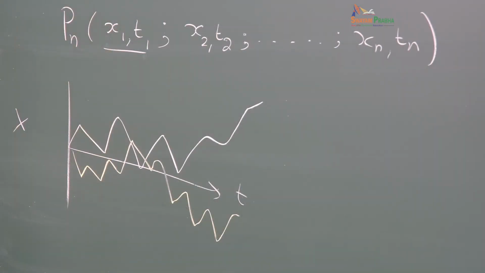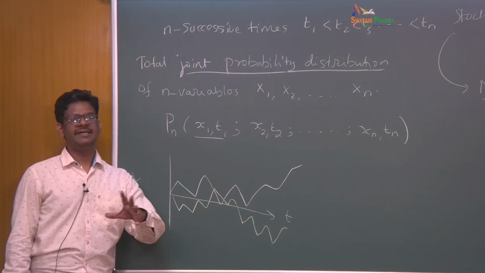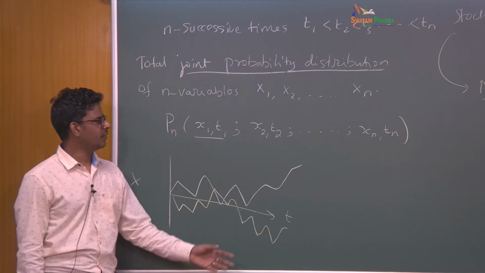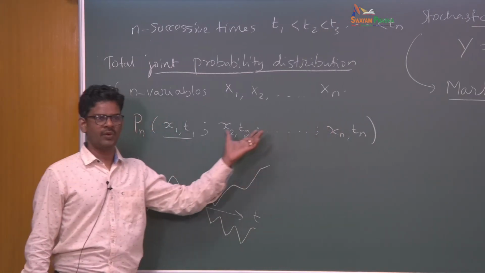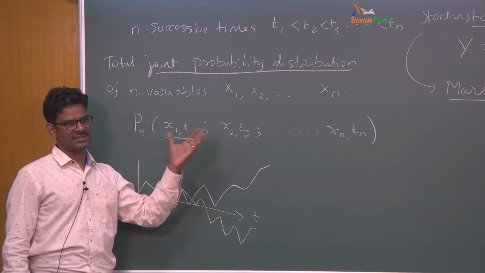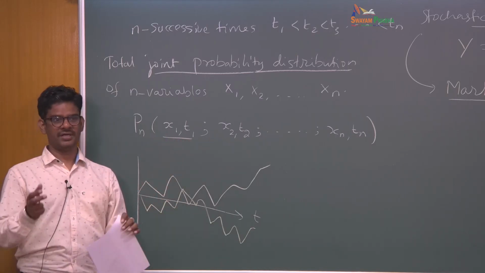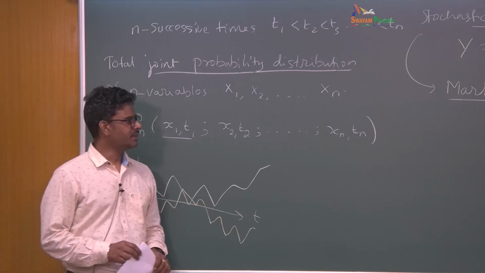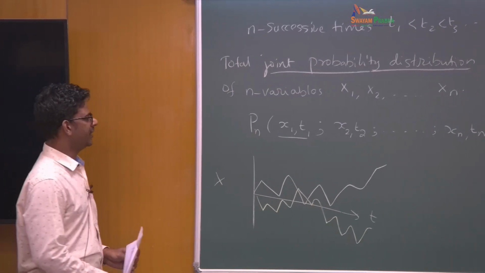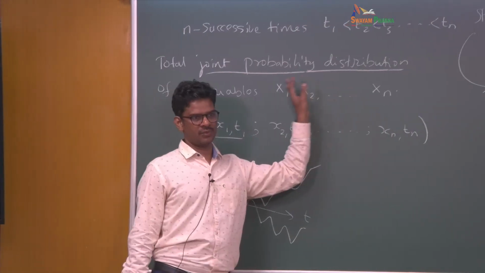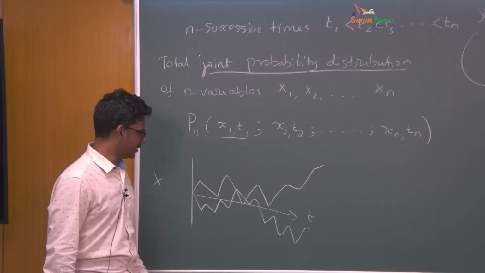Now, like I said, you can have a joint distribution, then we can also think about a marginal distribution by integrating out certain variables. Let us say you are not worried about the state of the system at some other time, and you are only worried about the state of the system in some finite space, or in a reduced number of variables. That brings us to what is called the marginal distribution, where we integrate out certain variables and keep the others.